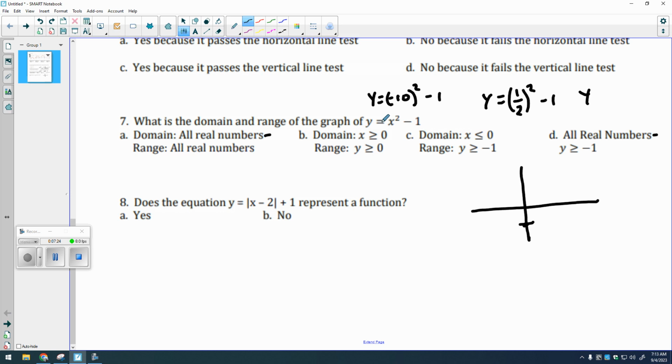This does not have any kind of number in front of it, so it's my basic parent function of when x is 1, 1 squared is 1. So in both directions, when x is a negative 1, negative 1 squared is also 1. So when I move left or right 1 from this point here, I go up 1. When x is 2, or if I moved 2 units over from the vertex, I square that.